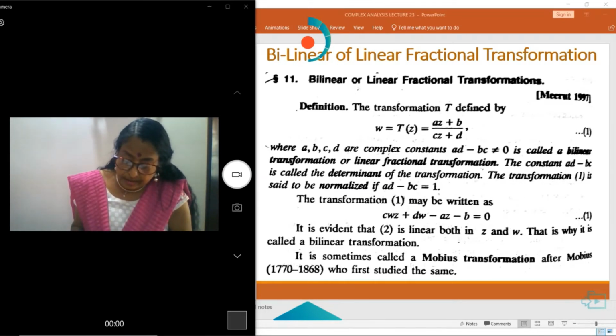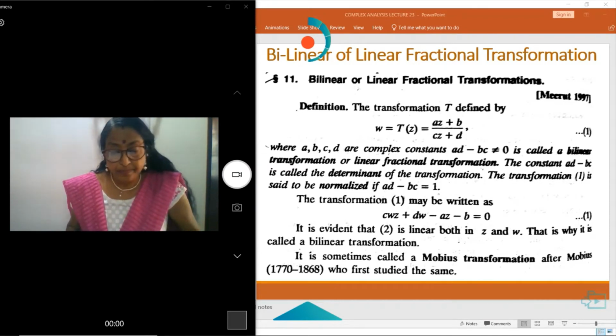So it is linear in both Z and W. That is why it is called a bilinear transformation. It is sometimes also called Mobius transformation after the name of Mobius.